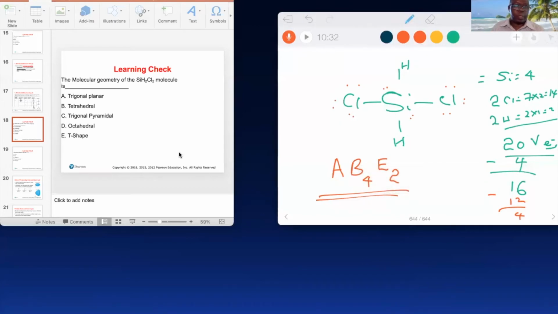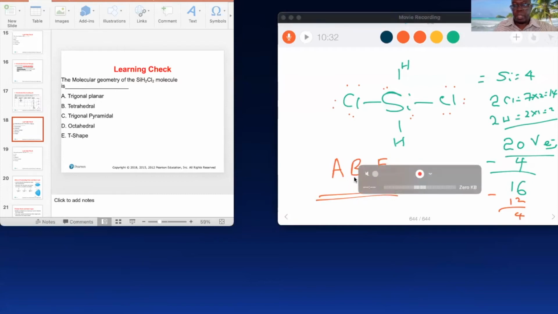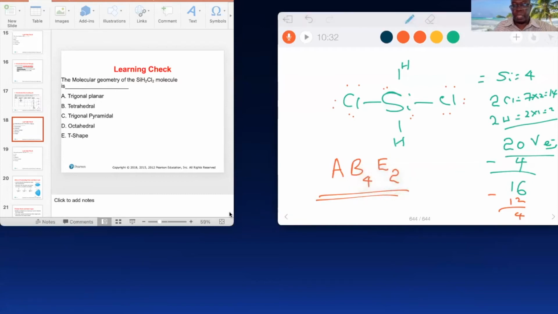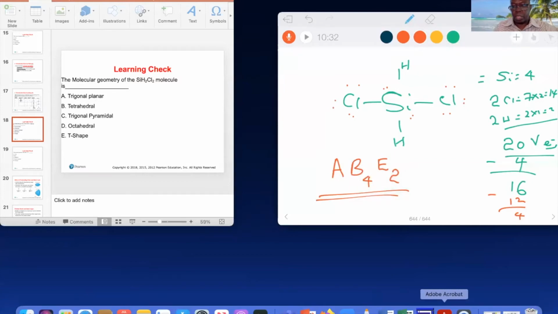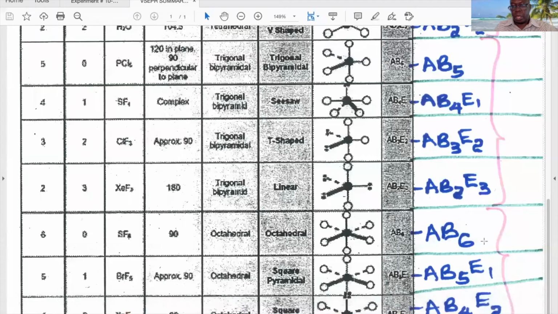At this point, you should be able to tag all these molecular geometries. Remember, molecular geometry is different from electron domain geometry. Electron domain geometry 4 plus 2 is 6, so that is octahedral. With AX4E2, this is the shape.